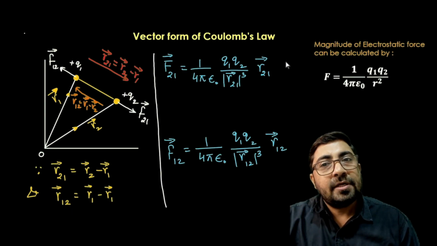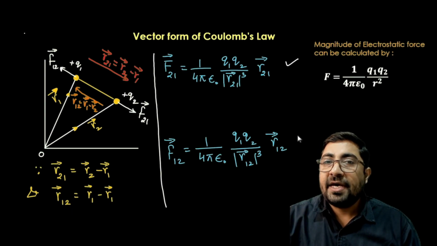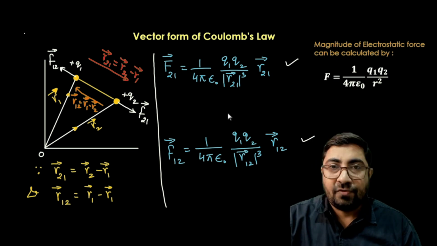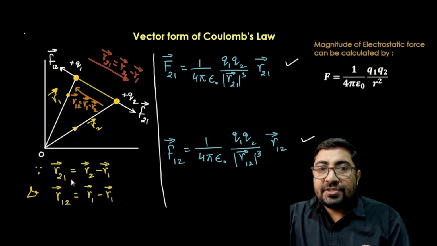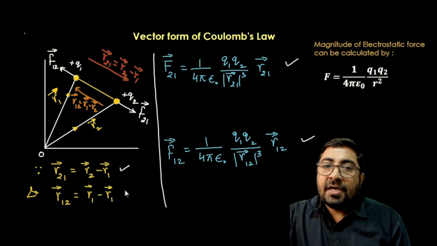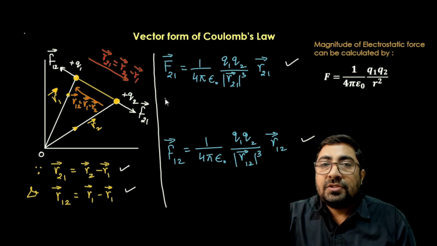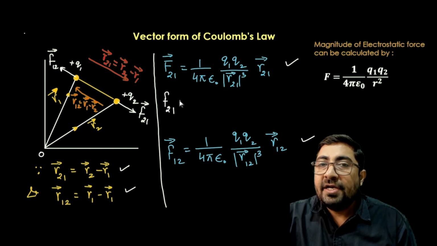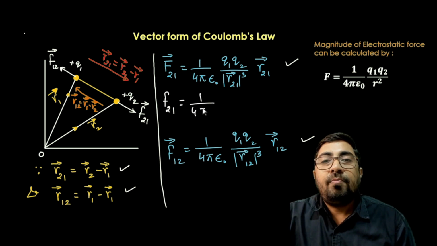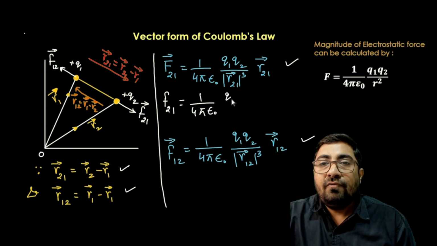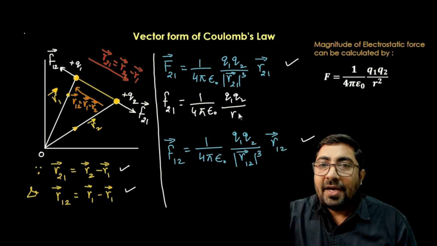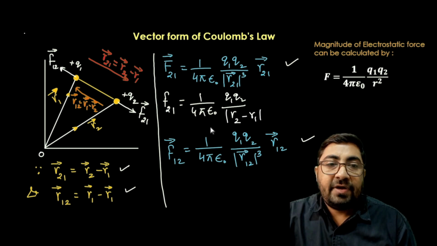Now I recall the two previous equations, the F21 force and the F12 force. We know that the distances r21 vector and r12 vector are written in terms of position vectors like this. So the force F21 can be written as 1 upon 4 pi epsilon naught q1 q2 upon the magnitude of r2 vector minus r1 vector whole cube, times r2 vector minus r1 vector, where I have put the value of r21.